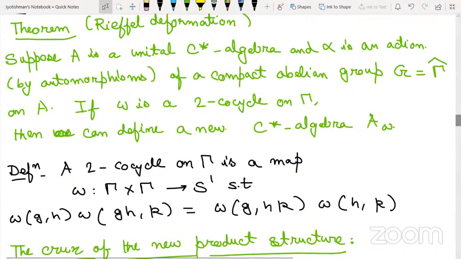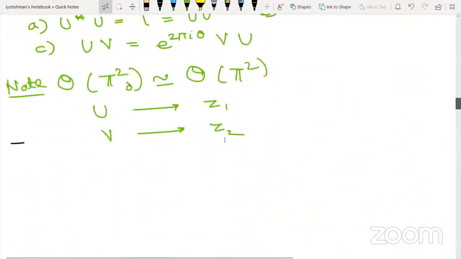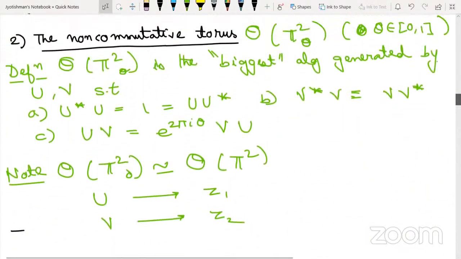Before I leave, let me show this particular example, or should I wait? Are there any questions about what I said before? Sure. I have an isomorphism between OT20 and the usual functions on the torus.